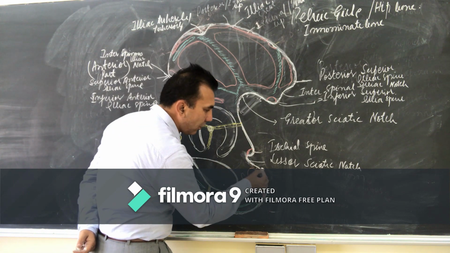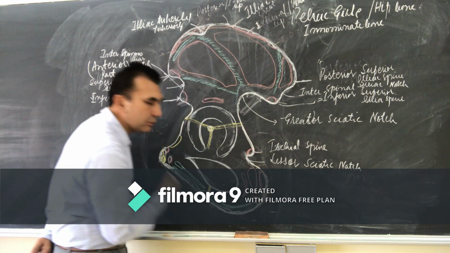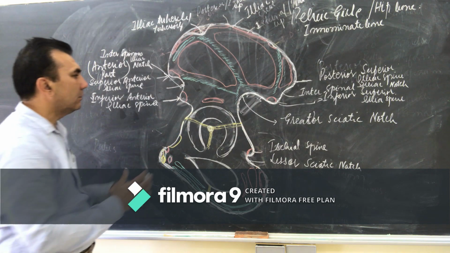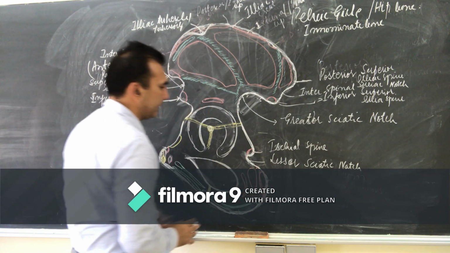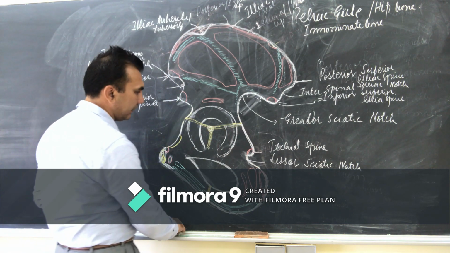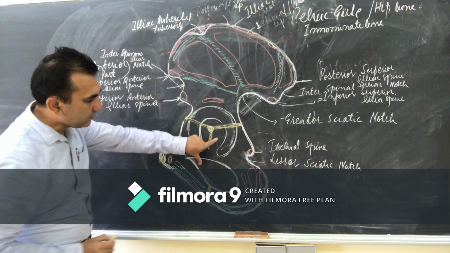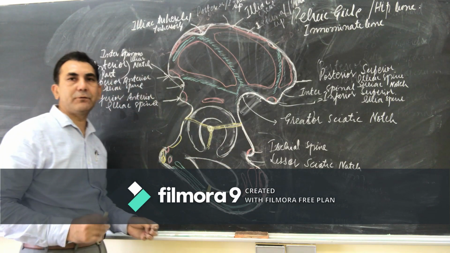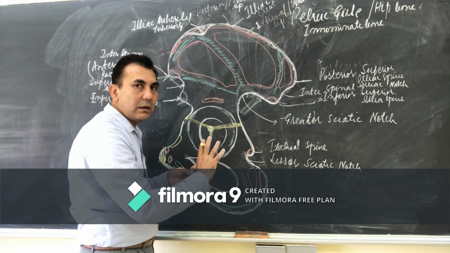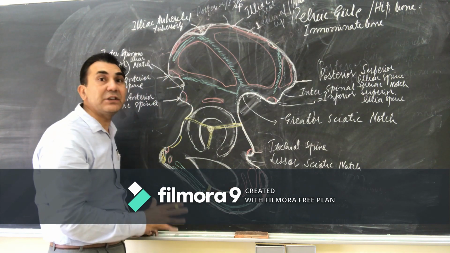Just below the lesser sciatic notch, the ischium bone starts over here. Now, on the posterior side, from this yellow color to this yellow lining, this portion of the innominate bone, which is an irregular bone, is called the ischium bone.